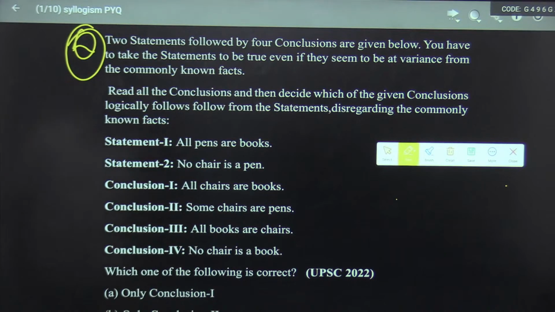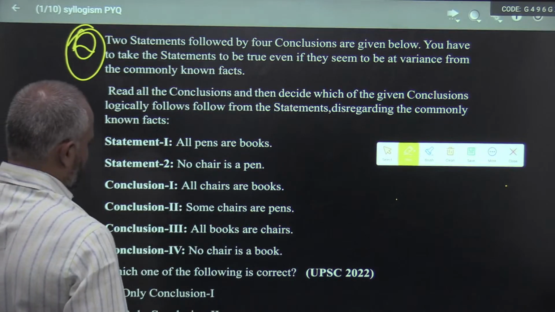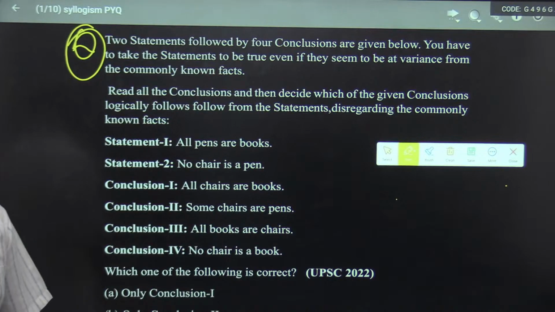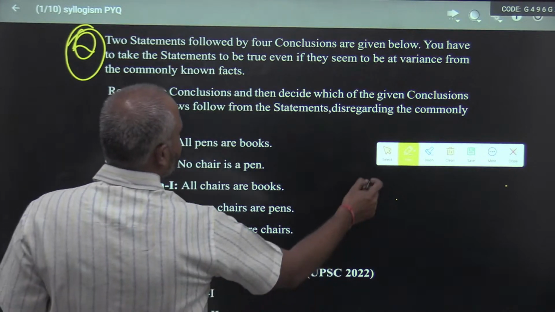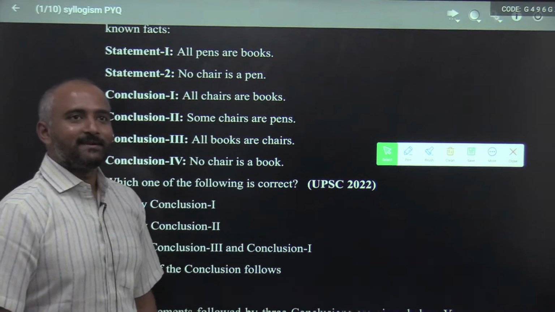So this is 2022. Comment your answer. What do you think is correct?